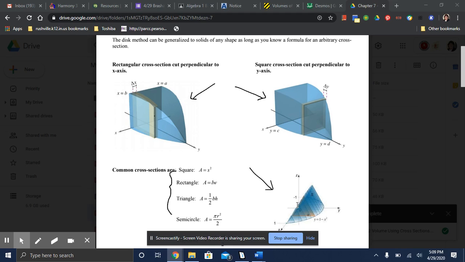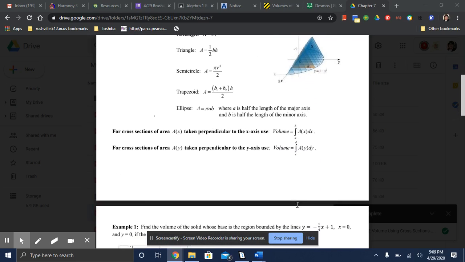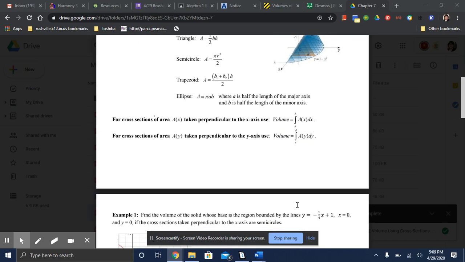And as we are working on the integration, one of the things that you'll need to pay attention to is the cut. So if the cut is taken perpendicular to the x-axis, then your integration is based on x.